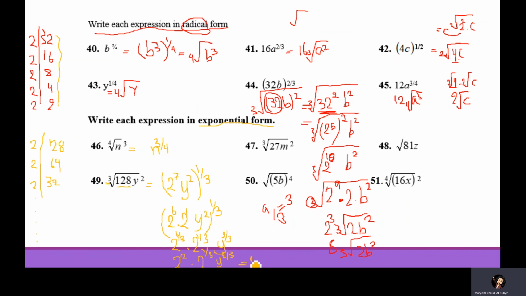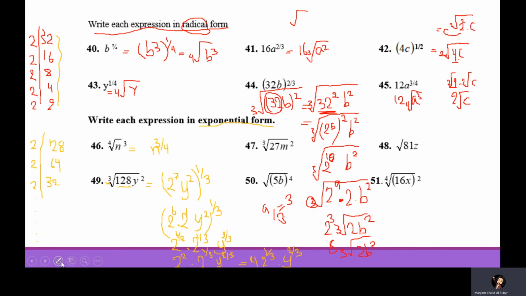So that is 4. You know what is 2 to the power 2? 4, times 2 to the 1/3, times y to the power 2/3. I'm done. I have the exponential form and also in simplest form, let me say.